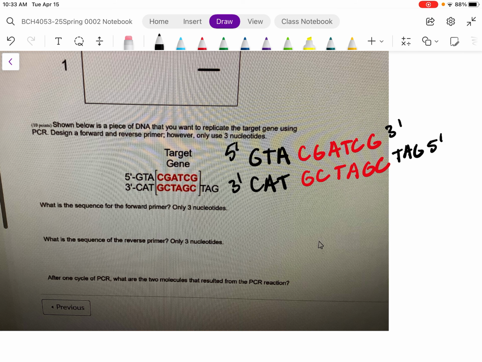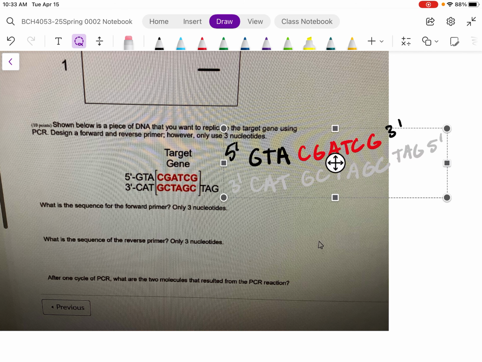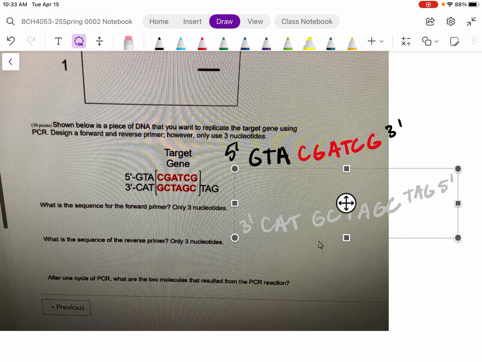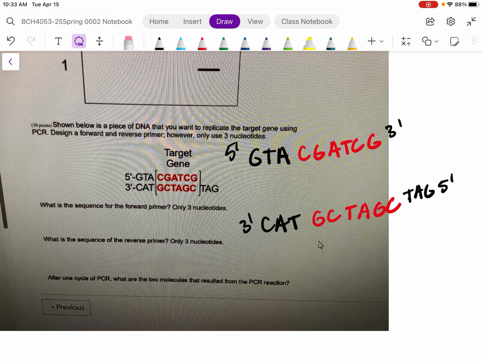Okay, so I want to actually take that strand right there. Let's just move it down, like so. So when we want to design our primers, in this particular case, we have limited our primer to only 3 nucleotides. We only want to copy the gene of interest, which is shown in red.